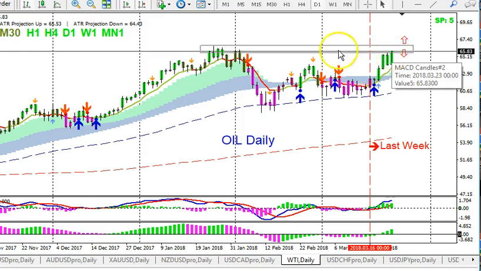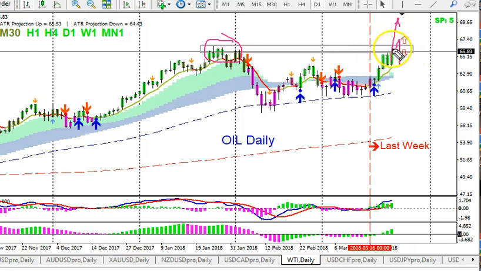So price here, take a look, we're testing previous resistance. From here, price may either go up a bit, maybe there might be a bit of a false breakout and then price comes down, or price may go up through. And so you basically have to wait for more evidence.